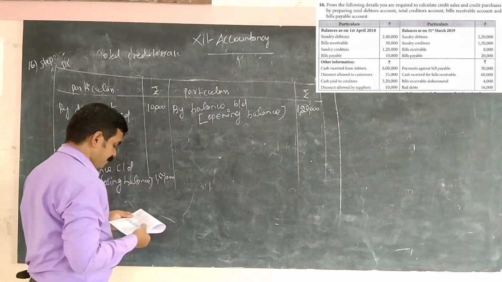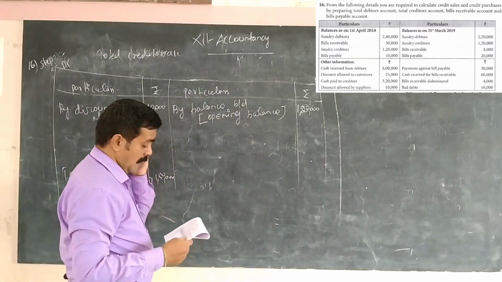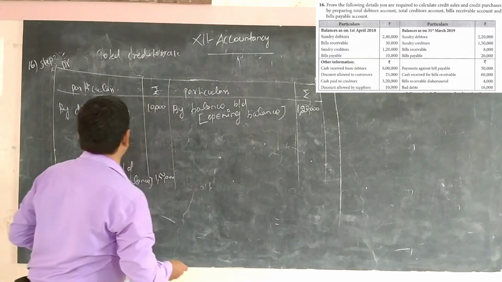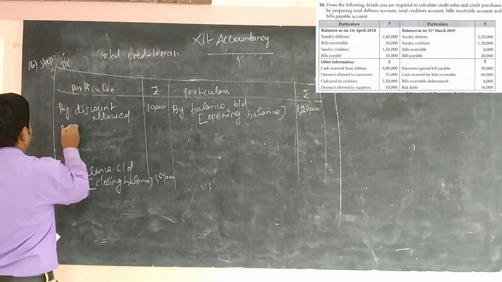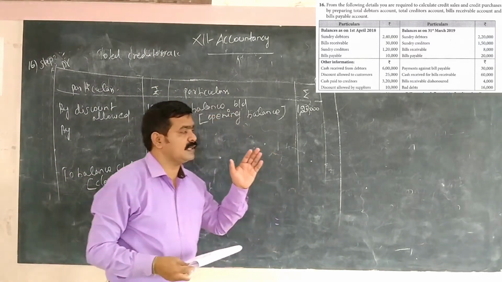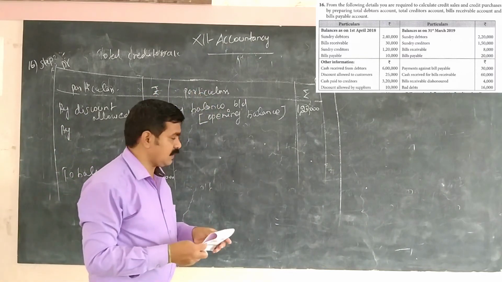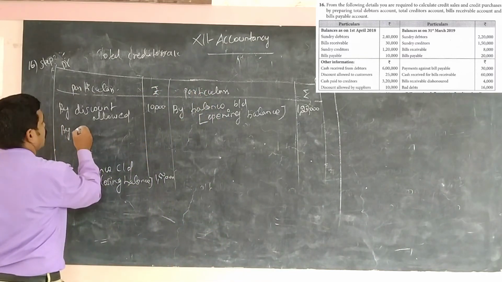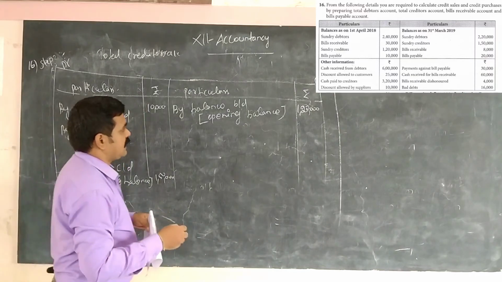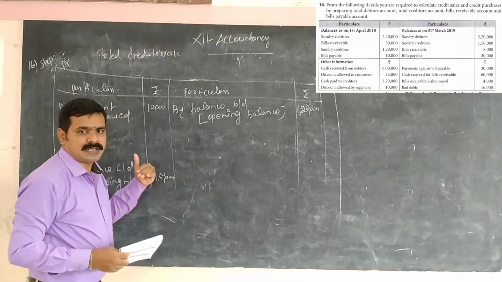Next one, sundry. We already found one important solution in bills payable account, that amount is 40,000. So you have to transfer from bills payable account to total creditors account.